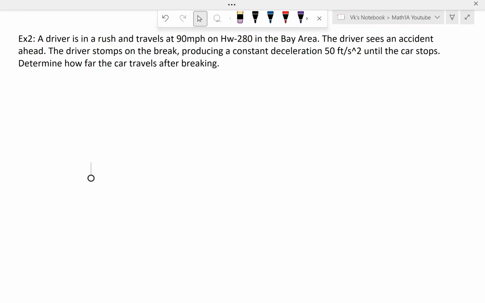Let's sketch a picture so you can see what is going on. We have a car right here, and it's been driving at 90 miles per hour. Easy to get a ticket. And at this time, apply the brake.